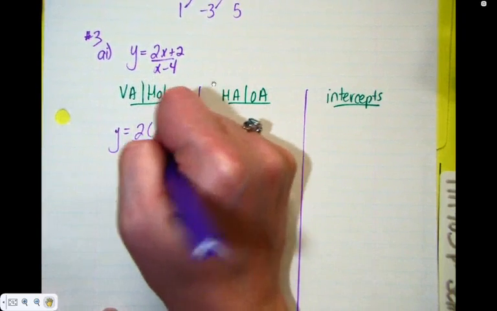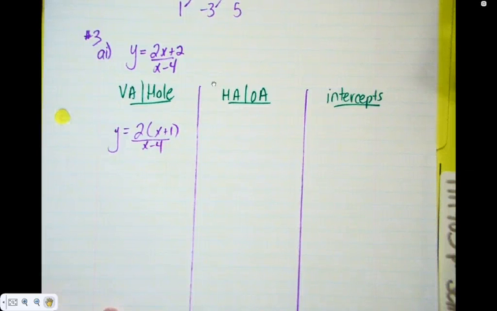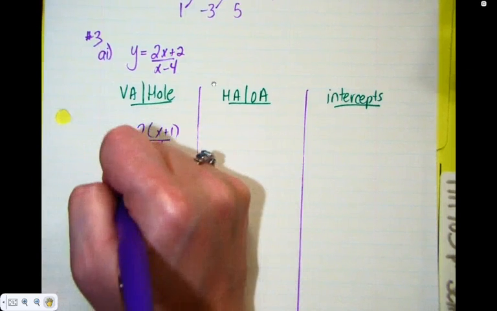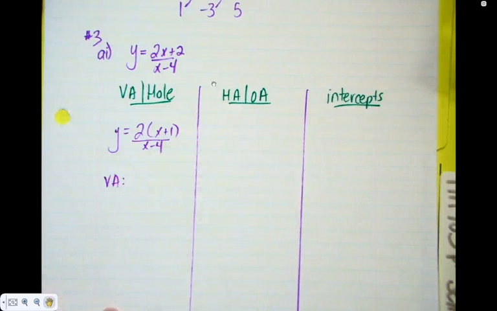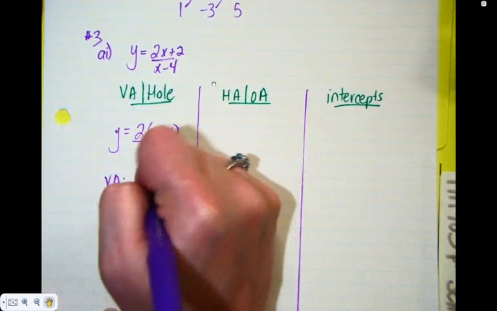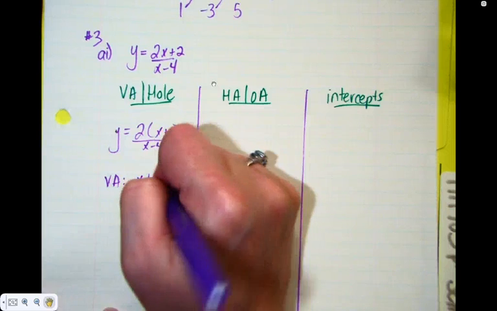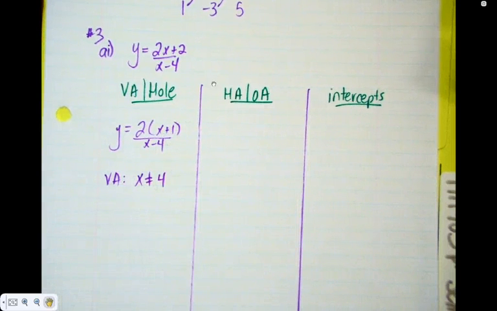No. What does that tell you about the bottom? That there may or may not be a vertical asymptote. Is it a vertical asymptote or is it a hole? It's a vertical asymptote. How do we know? Because it doesn't cancel. And where is the vertical asymptote? 4. Okay, so that's what we did yesterday.